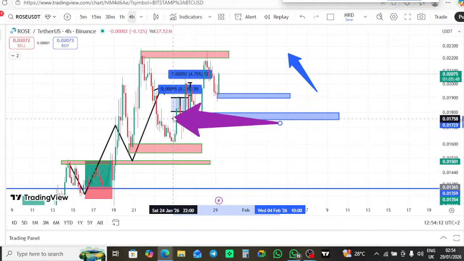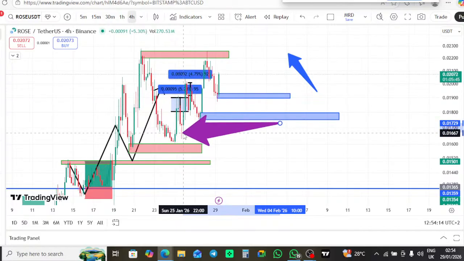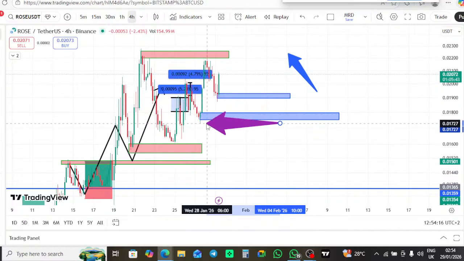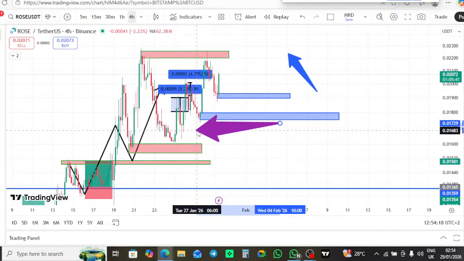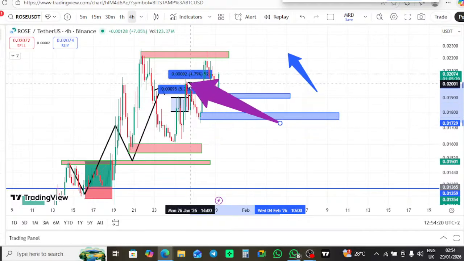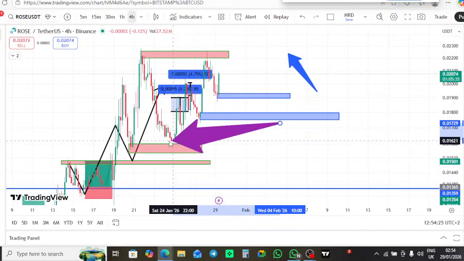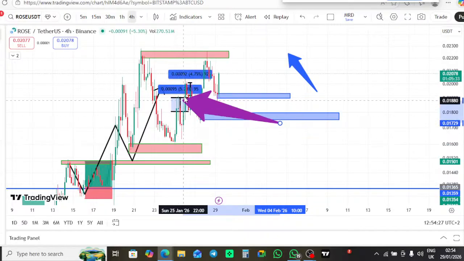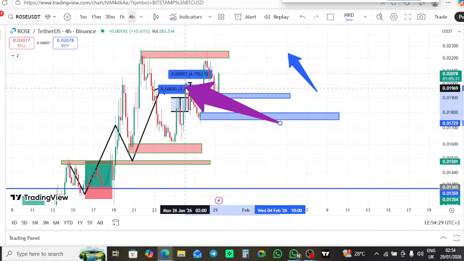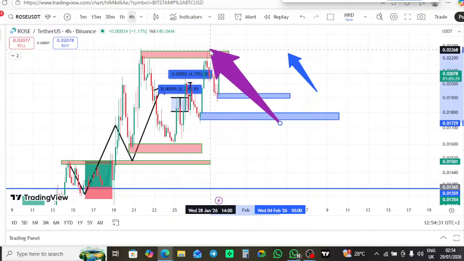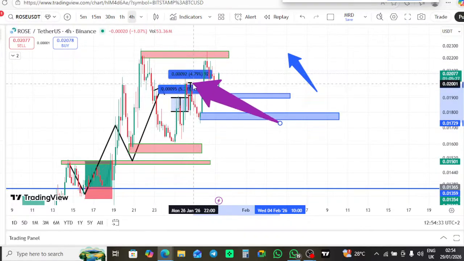Now it moved up to here, it dropped again. Up to here, it dropped again. But now, we could not short from here before confirming the change of character here. That's why I shared this coin to long it, to trade it on spot.